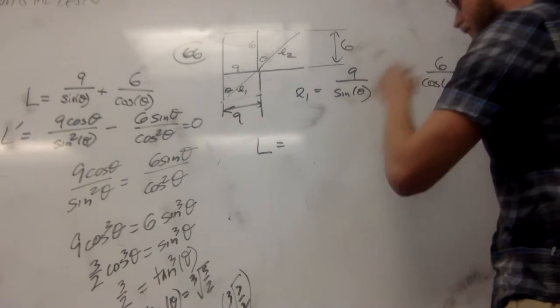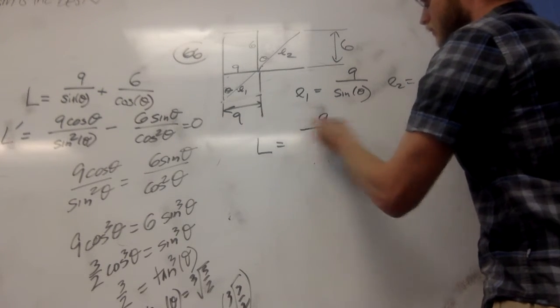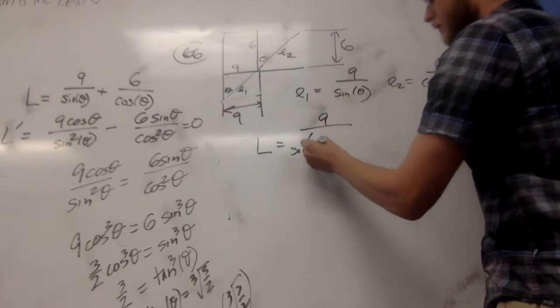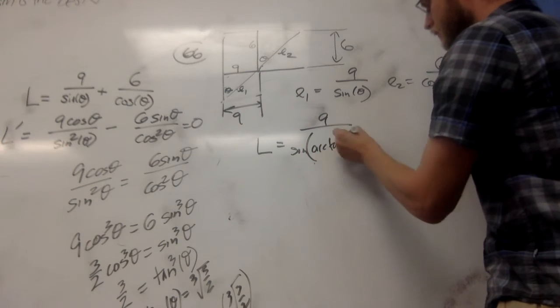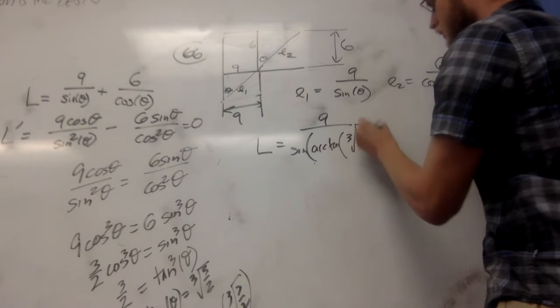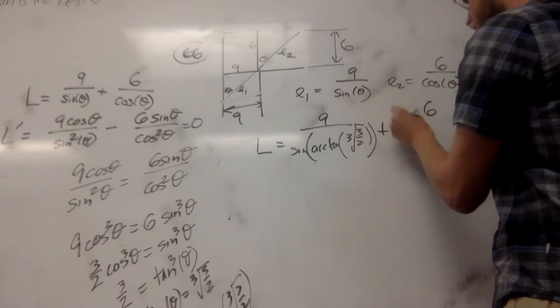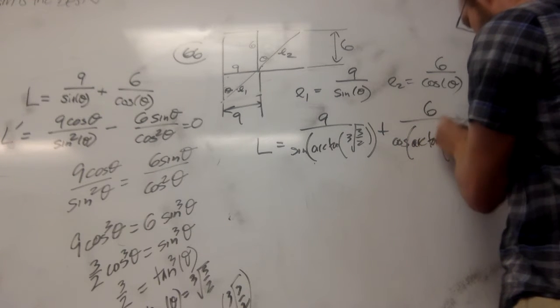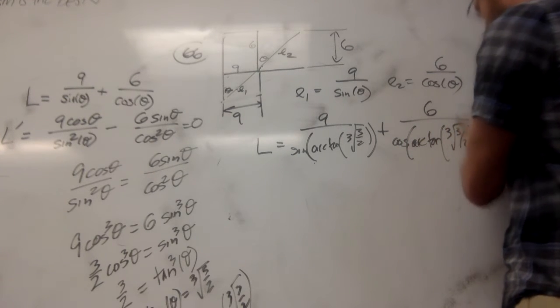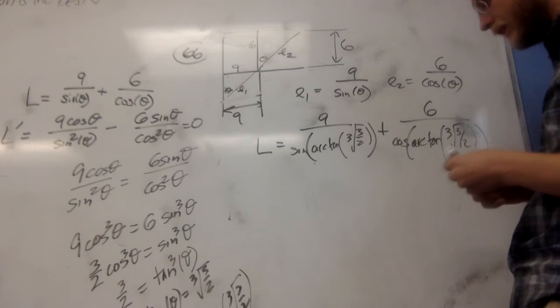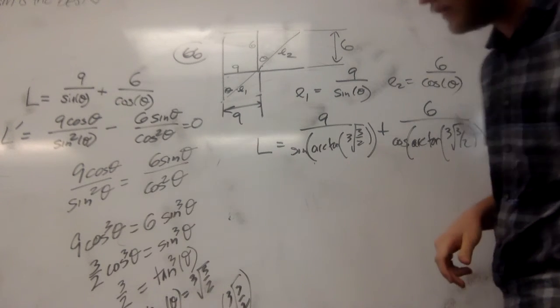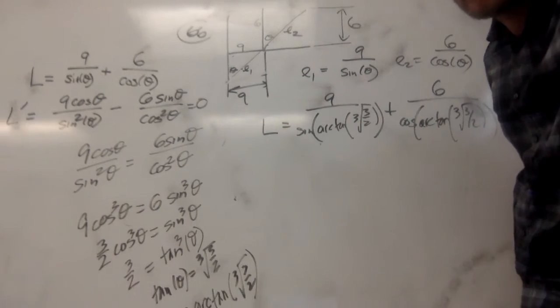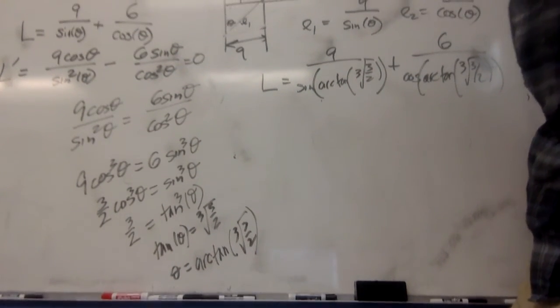It is possible to algebraically simplify this. 9 over sine of arctan of cube root of 3 over 2 plus 6 over cosine of arctan of cube root of 3 over 2. Again, use a calculator to simplify this. I just don't want to get my calculator out. Well, maybe I'll just leave it at that. All right, so there's your final answer in a horrible looking form.